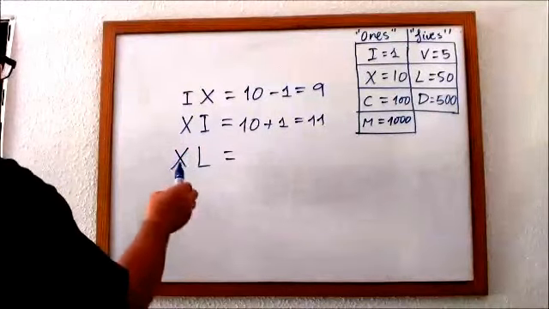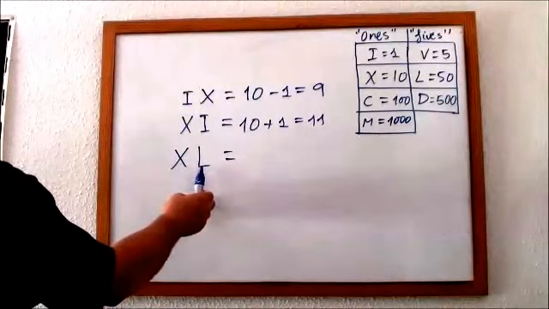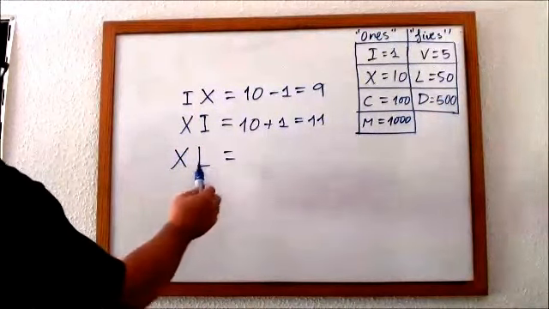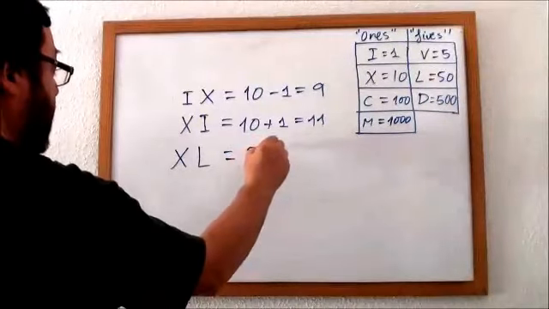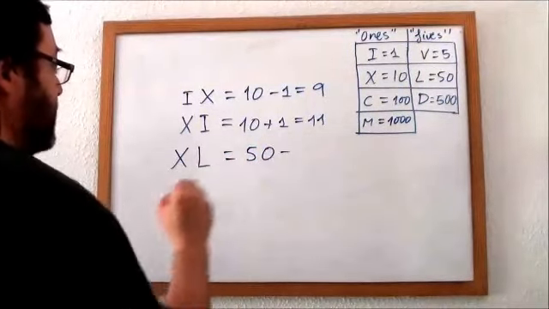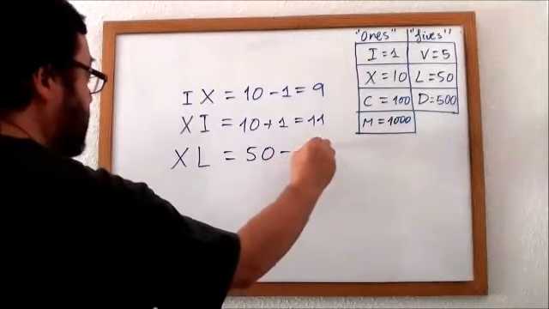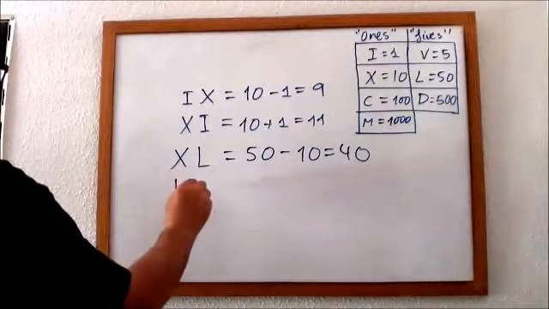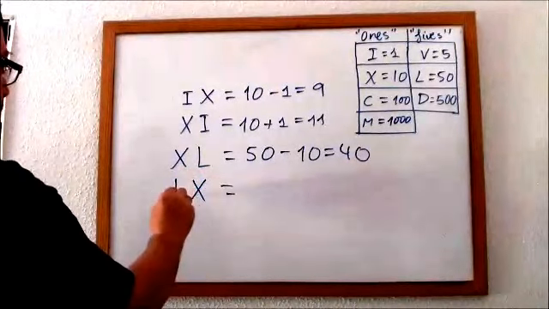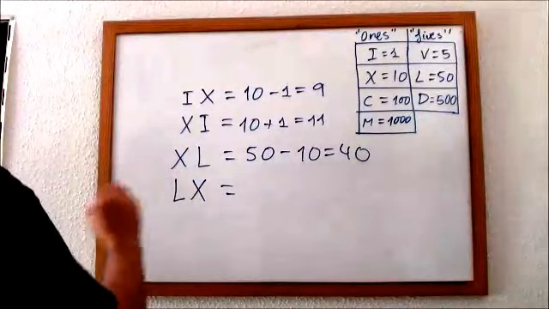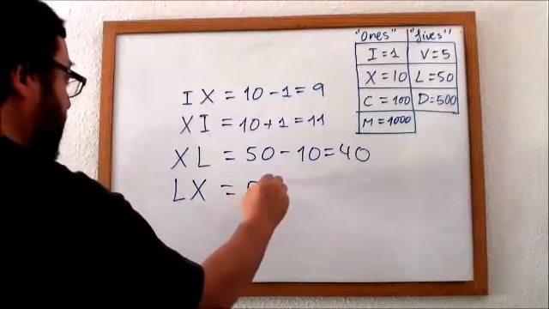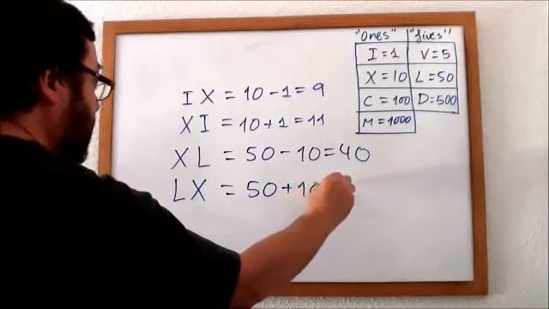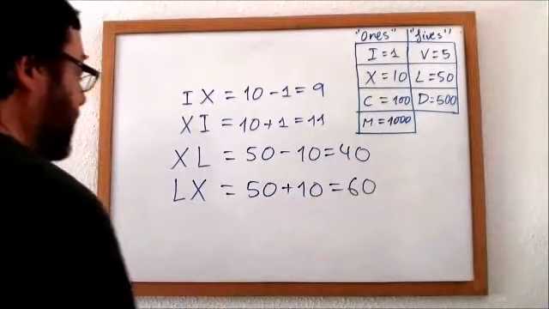XL, that is a smaller value letter on the left of a bigger value letter, that is a subtraction. We take away 50 minus 10, that is 40. But if we have LX, a bigger value letter and a smaller value letter on the right, we add, that is 60.